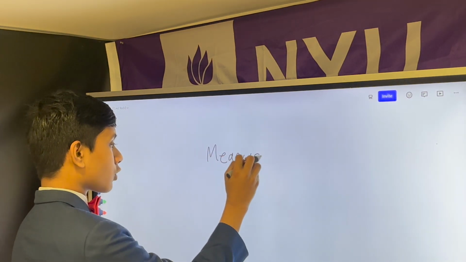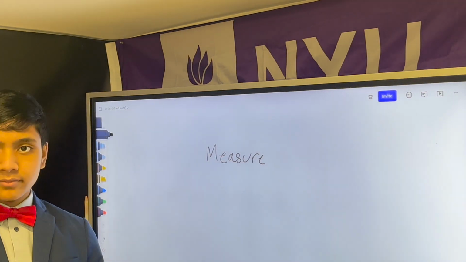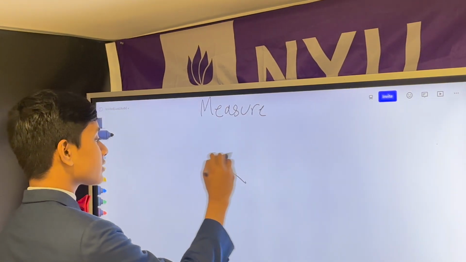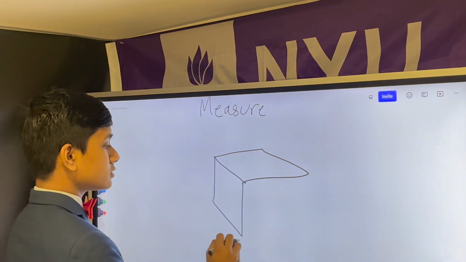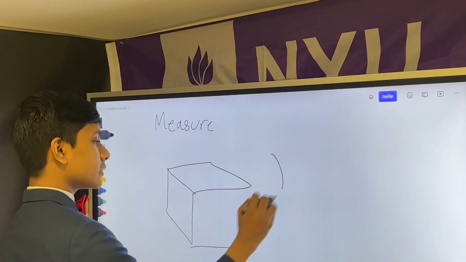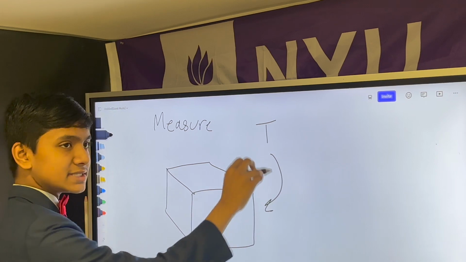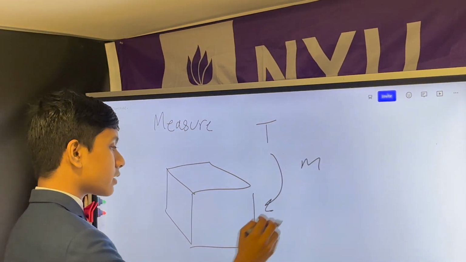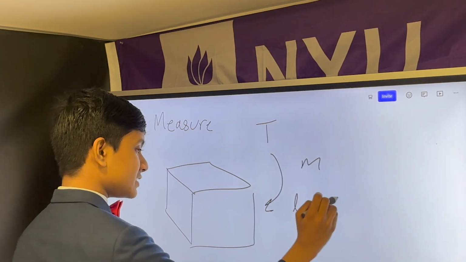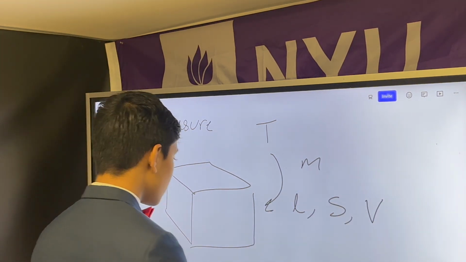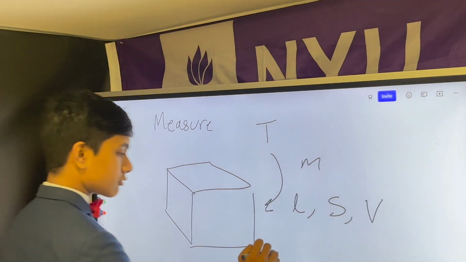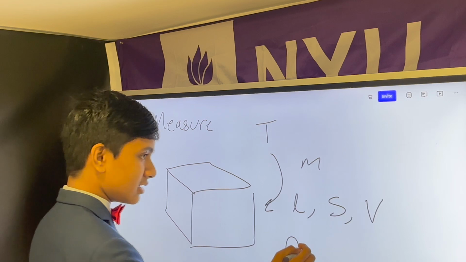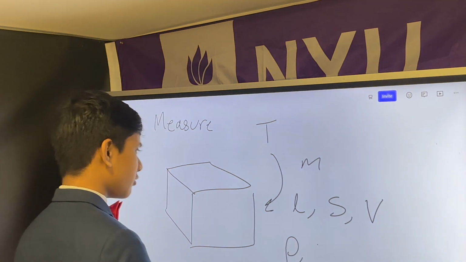Well, in the physical world, a measure is any property of a specific object that can be quantified. So, for example, we could point to this object and talk about its temperature, or its weight, or its length, or surface area, or volume, or its density, or its stress strain coefficient.